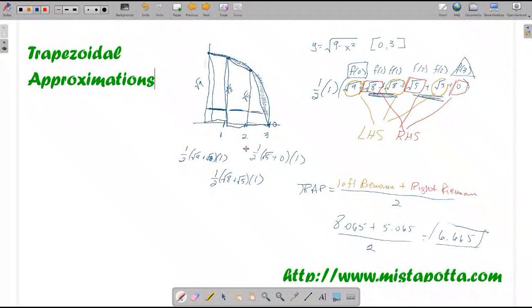And so I end up with a very good approximation. And this is not nearly as much work as it was trying to do the midpoint Riemann sum that we did in our previous slide.